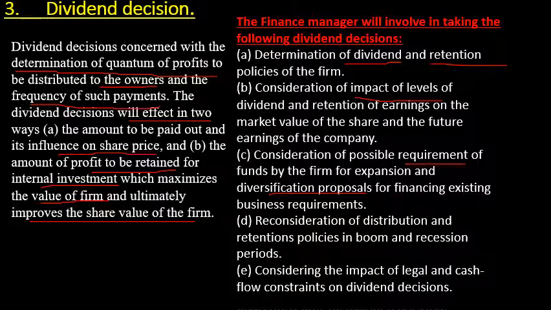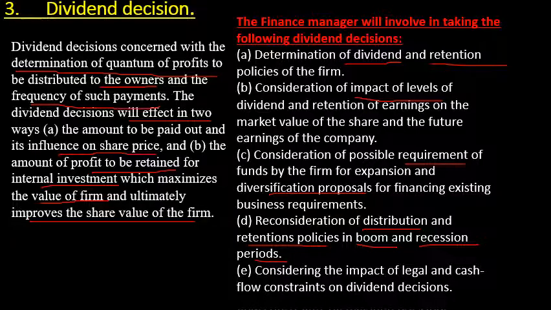Next is the reconsideration of distribution and retention policies in boom and recession periods. Sometimes dividend has to be declared to retain the shareholders. The rate of dividend is not fixed.